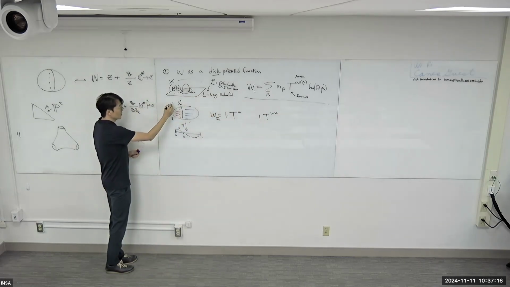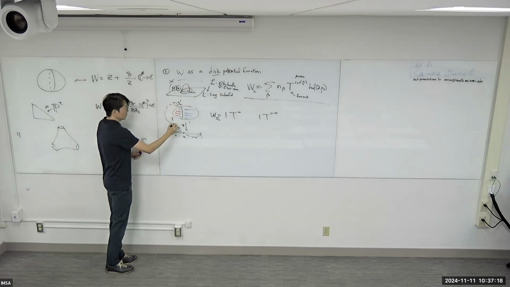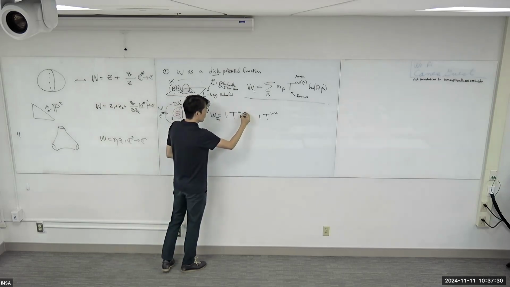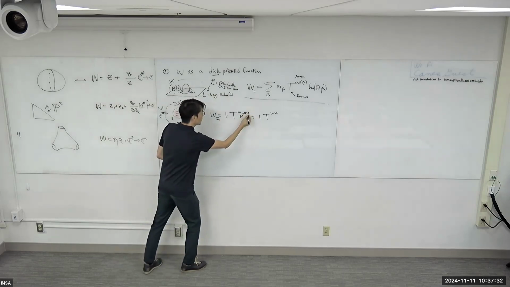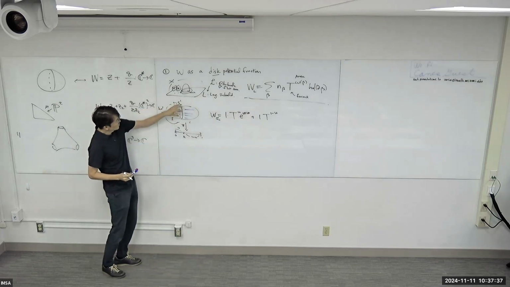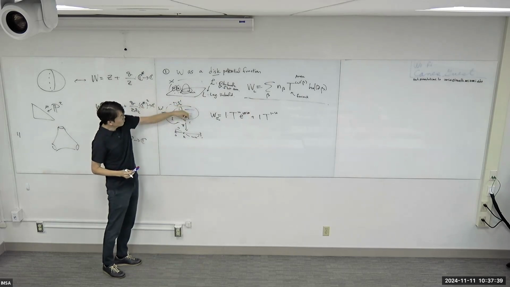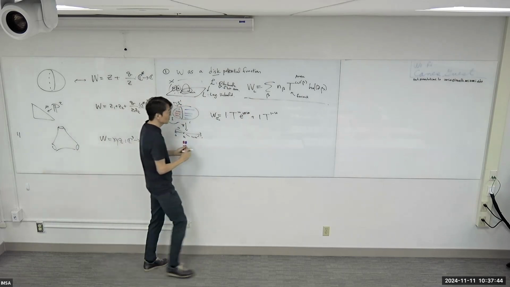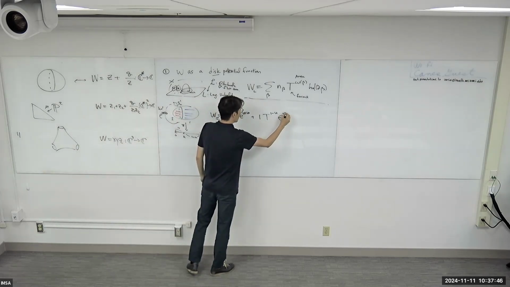And let's suppose that the holonomy as we go around this is e to the 2 pi i theta. So here I have e to the 2 pi i theta. Because the blue disk is the opposite one, you have the opposite orientation, so the holonomy is going to be e to the 2 pi i minus theta.